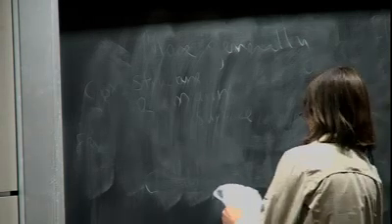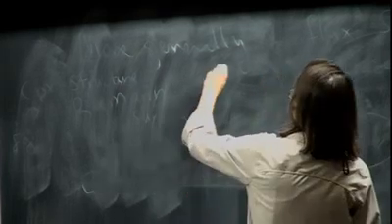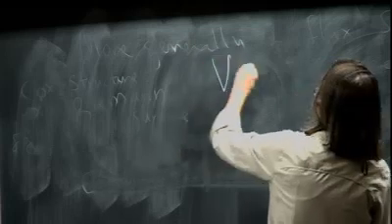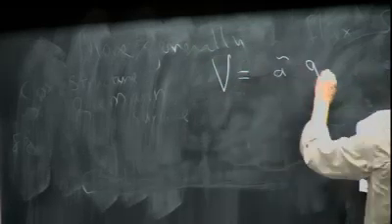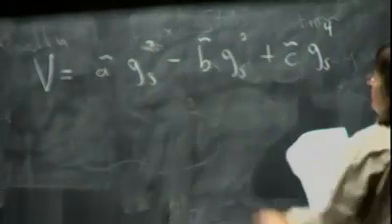So let me go back. I think I even have the number. Okay, so if you just write a potential which is this simple thing, I'm using tilde to not confuse the notation of these coefficients with the axions.